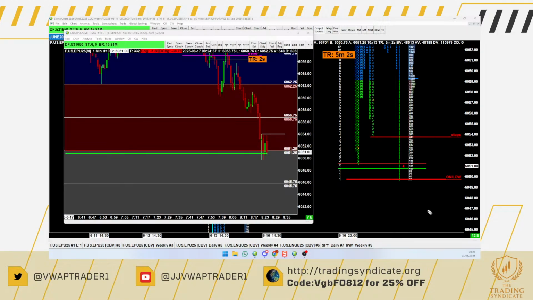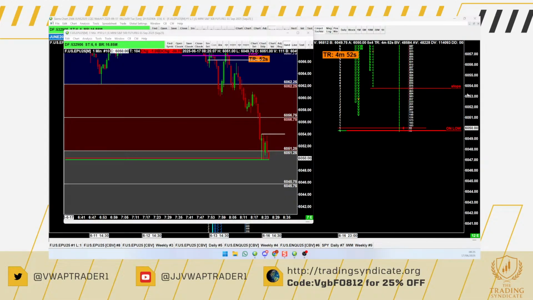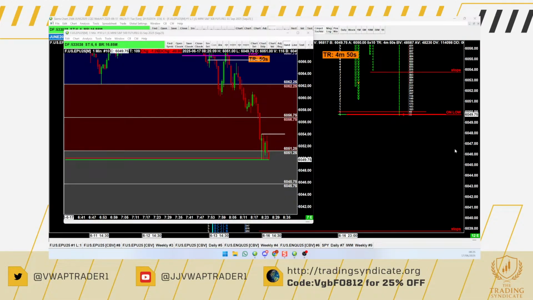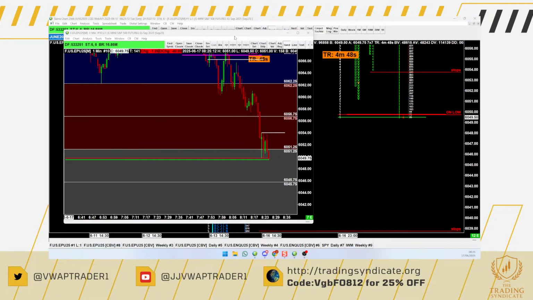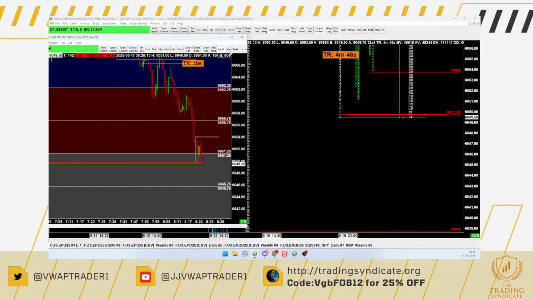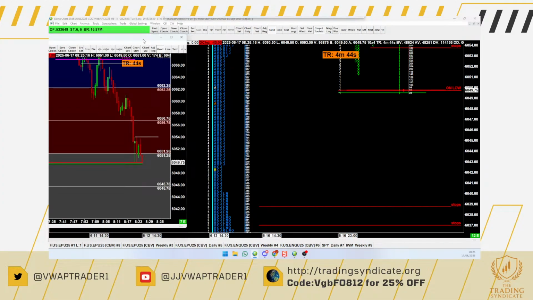Now let's see if that overnight low holds or if it gets knocked down again. Let's see where the next area of stops are.